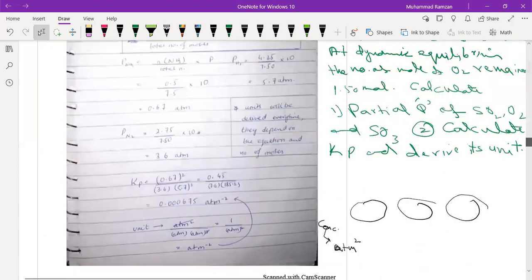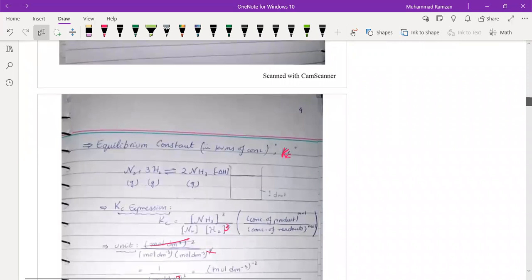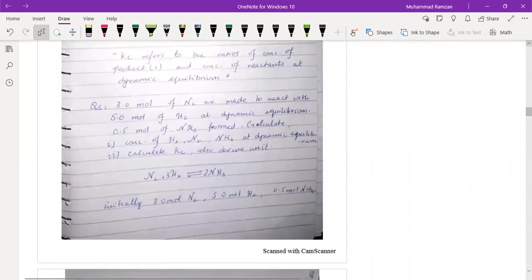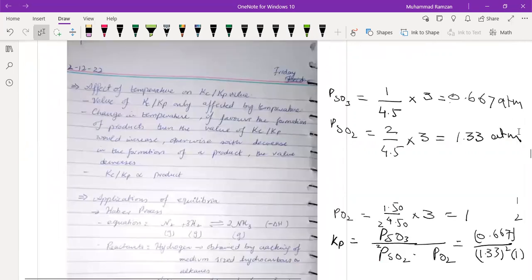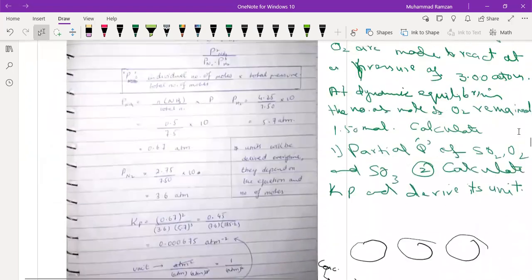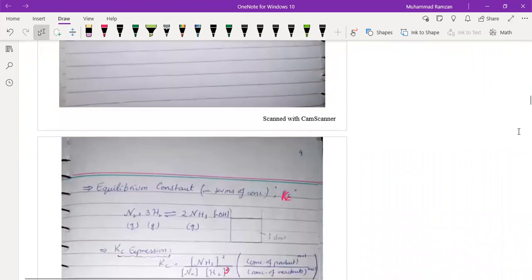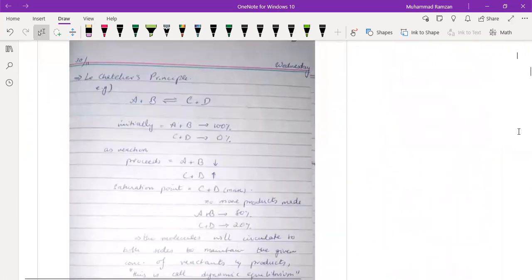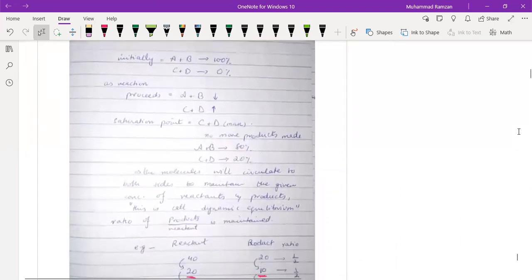Look, in the start material, in the intro, I told you about concentration and temperature.